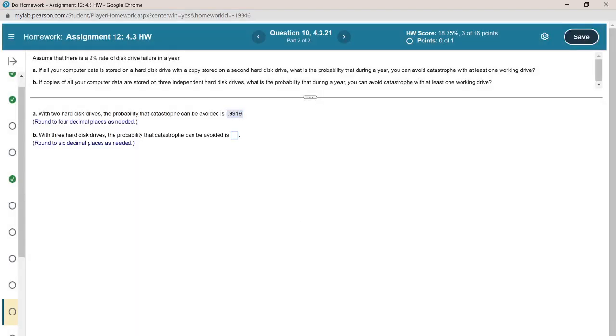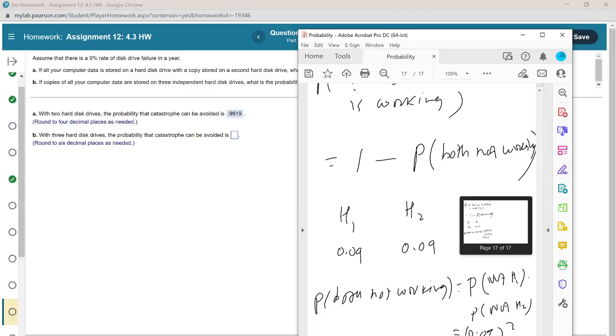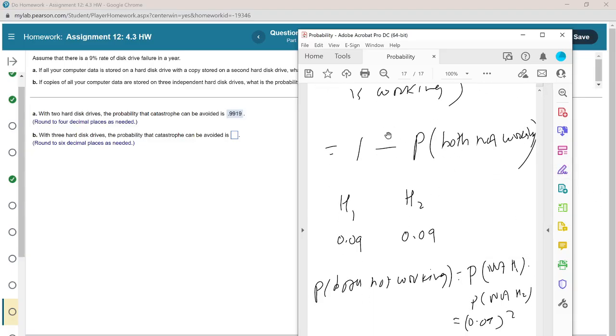With 3 hard disk drives, the probability that catastrophe can be avoided is, remember, now we can just extend this formula for any number of hard disks. It was 2 hard disks before, so we used the square here. For 3 hard disks we have to do the same thing, but now it's 0.09 to the power 3.